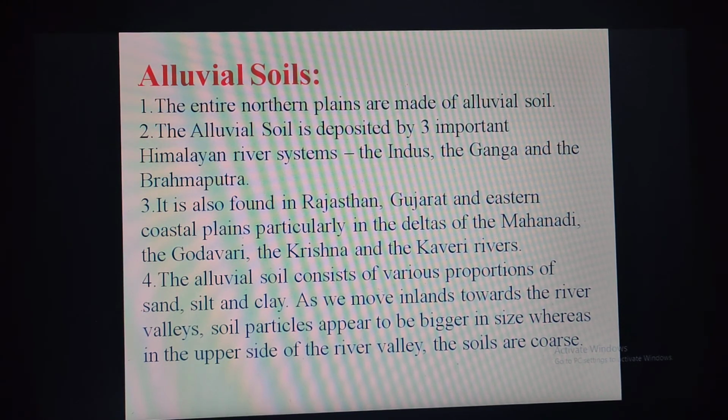The alluvial soil consists of various proportions of sand, silt, and clay. As we move inland toward the river valley, soil particles appear bigger in size, whereas in the upper side of the river valley, the soils are coarse.